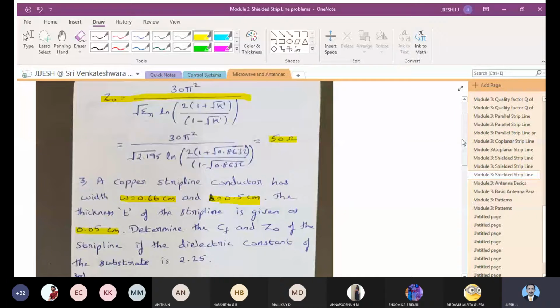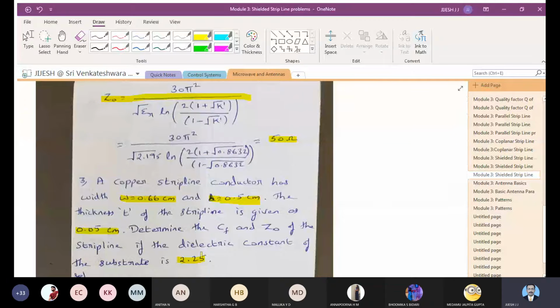So you can try that. All of you have completed Z0 as 50 ohm you got.